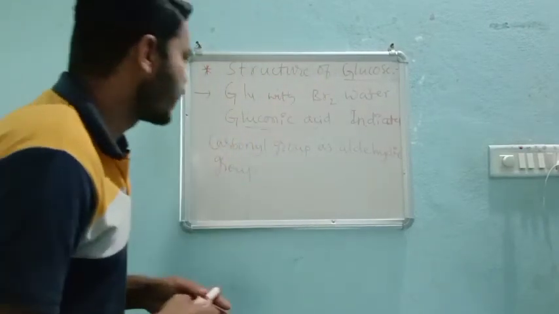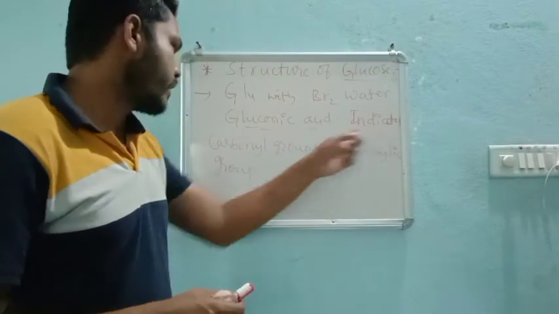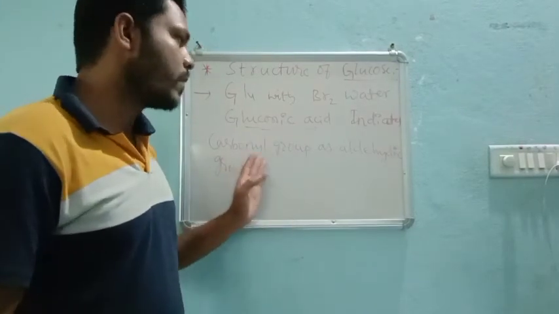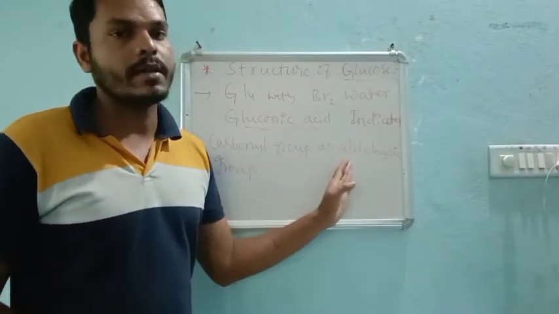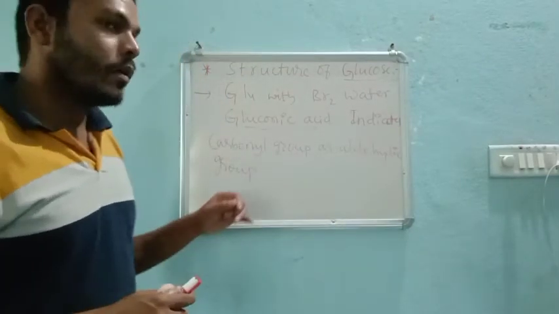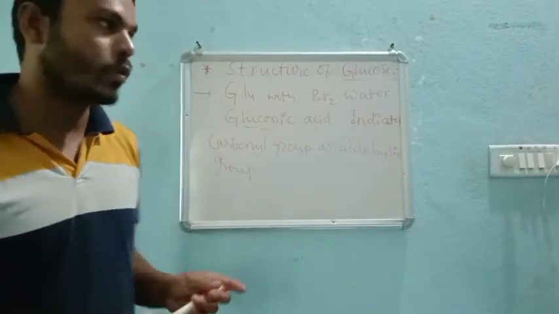Again, the question will be: the formation of gluconic acid, what does it indicate? It confirms the presence of a carbonyl group, but that carbonyl group is an aldehydic group. And this test you can also do with hydrogen cyanide. In the book they have given it, you just go through it.